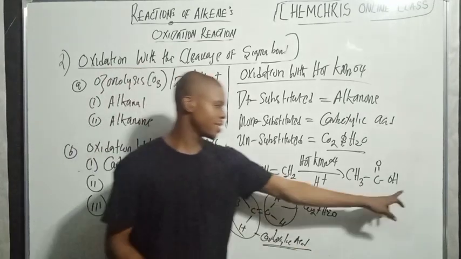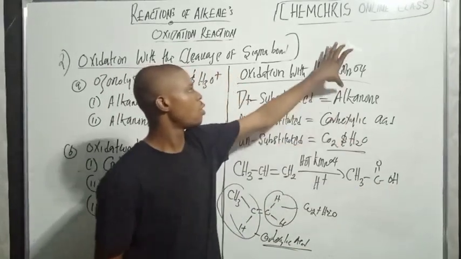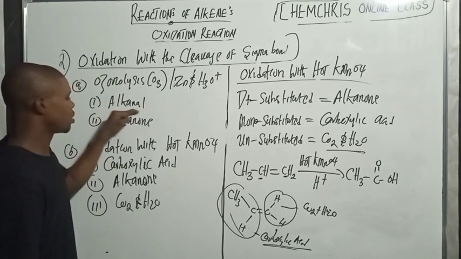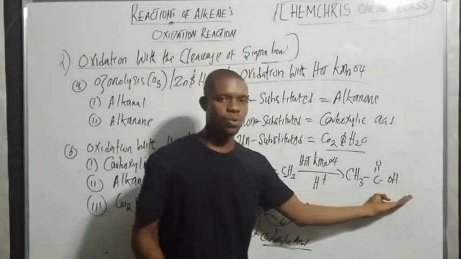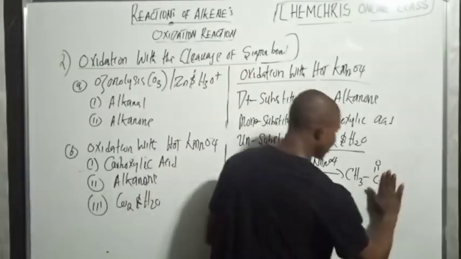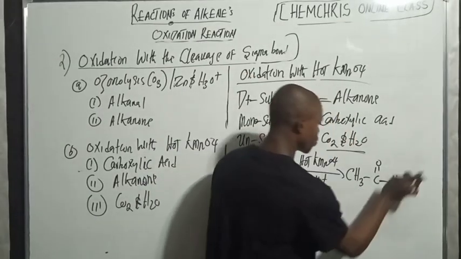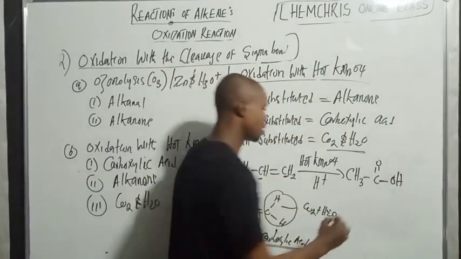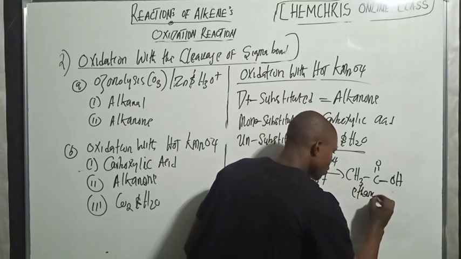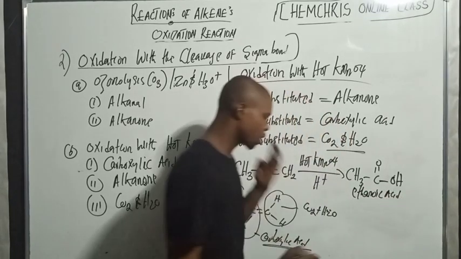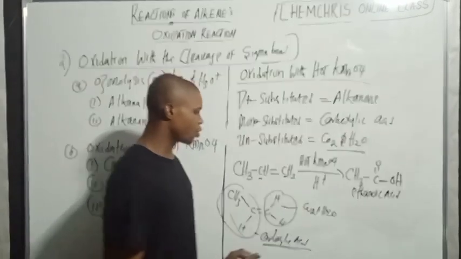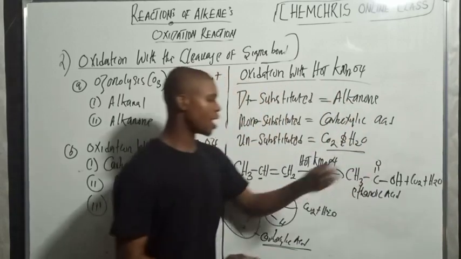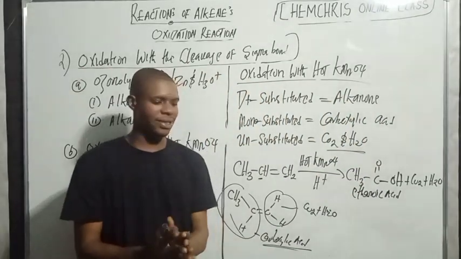So the difference between hot and cold is that in the place of alkanal, here we have carboxylic acid. Instead of placing hydrogen here, you place OH. So it's called ethanoic acid, plus CO2 plus H2O. That is it. You can see how easy it is.